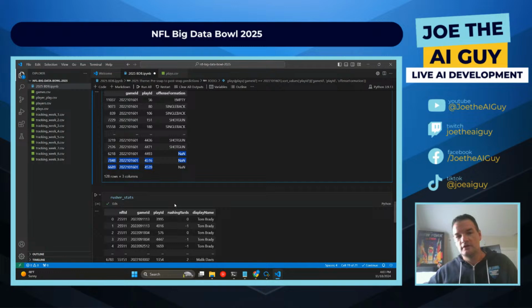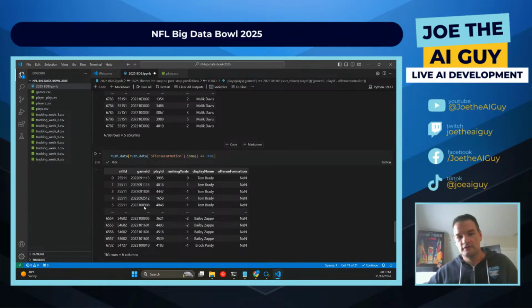It's the last 3 plays of the game, 4, 4, 9, 3. 1, 2, 3, there you go. So interesting. Of the over 1,000 rushes, 165 of them were kneels at the end of the game.